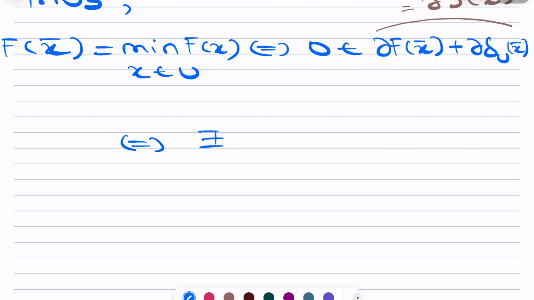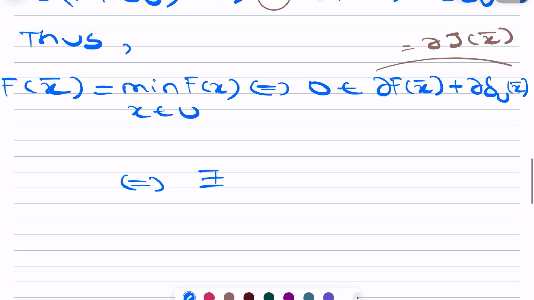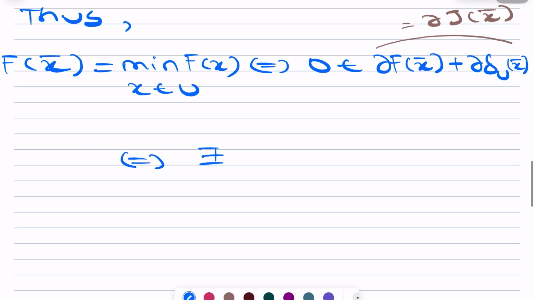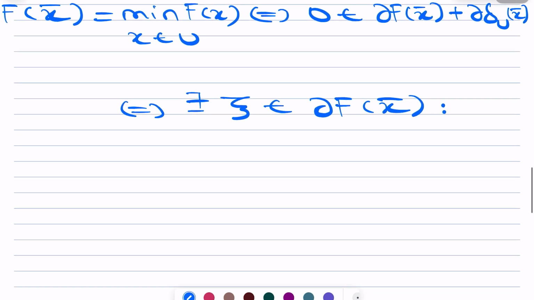This means that 0 is in the convex subdifferential of f plus the convex subdifferential of delta u at the point x bar. By definition, there exists xi in the convex subdifferential of f at the point x bar such that minus xi is in the convex subdifferential of delta u at the point x bar.